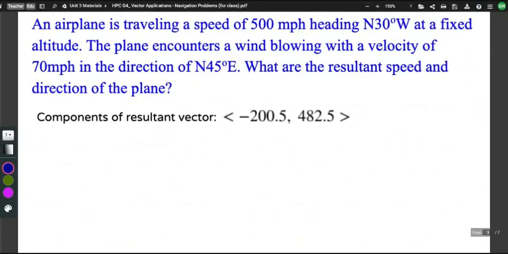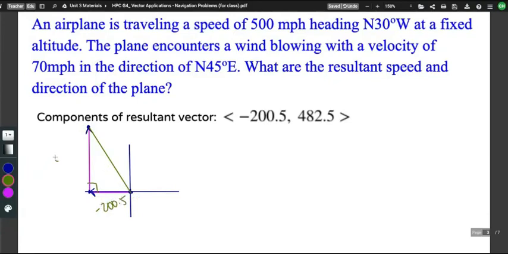We know the components, so the goal is to turn this into a magnitude and a direction, and to communicate that in the context of the problem. Again, here's where I think a visual could be helpful. The hypotenuse of this right triangle drawn, using those components, represents the actual magnitude and direction of this plane.